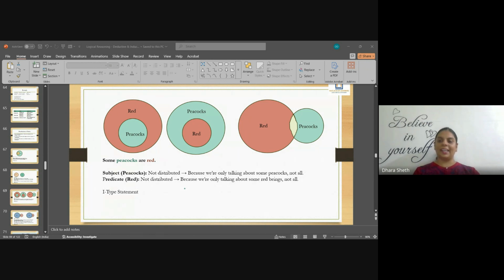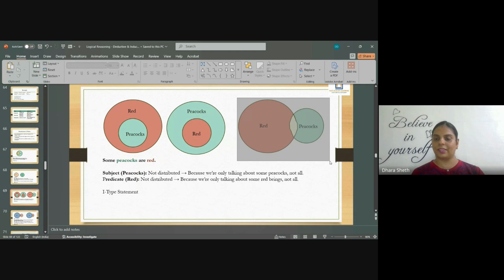I'll repeat the entire thing again from the beginning. Some peacocks are red. When we talk about some peacocks are red, what comes first in our mind is that there is an overlap somewhere.